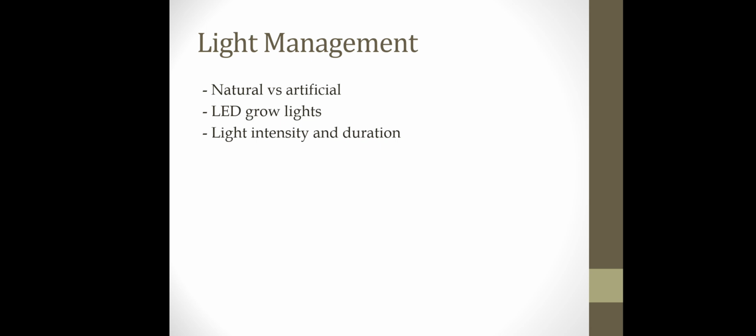The next one is light management. The role of light in plant growth is crucial. Light is essential for photosynthesis, the process by which plants convert light energy into chemical energy. In greenhouses, light management involves optimizing both the quality and quantity of light that plants receive.